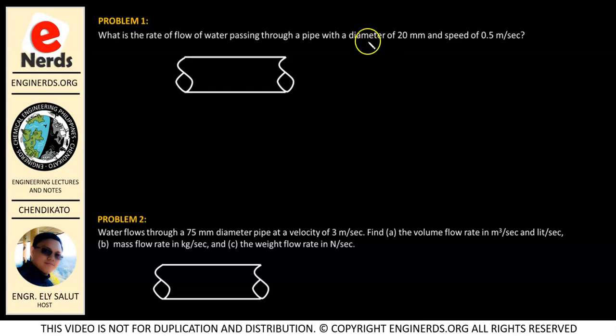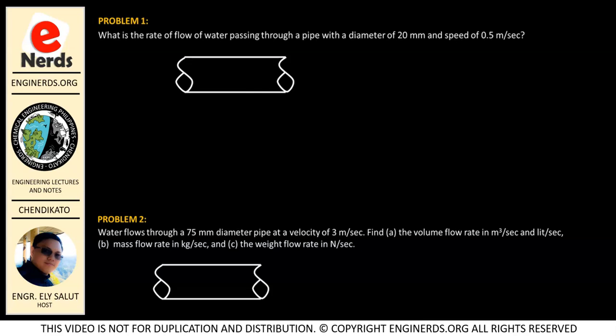Now, problem number 1, what is the rate of flow of water passing through a pipe with a diameter of 20 mm and speed of 0.5 meter per second? Okay, so sulat muna natin yung ating mga given.